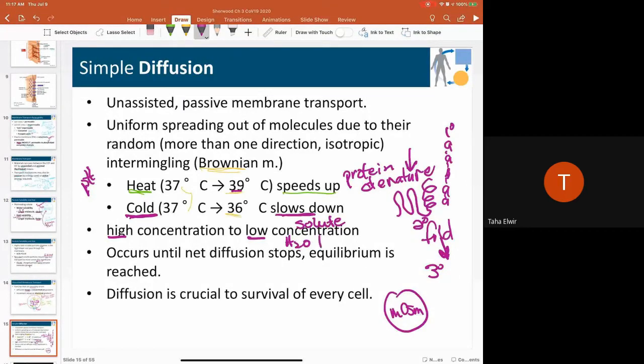And since water moves first, if we have 300 here and we have 700 out here, that means relative to what's outside, we have high water inside and low water outside, and water is going to leave down its concentration gradient.